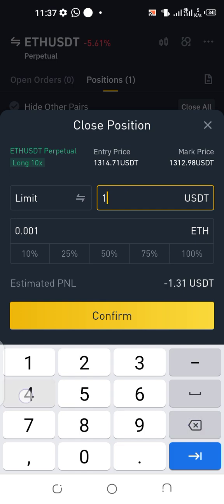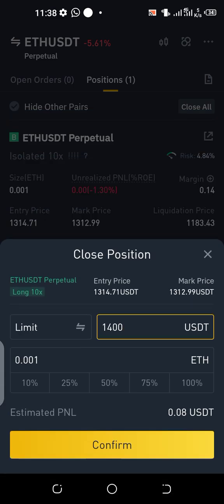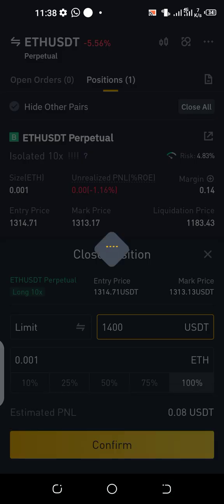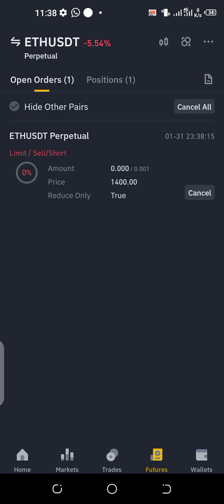Okay, I can decide to close at 1,400. I'll make a profit of 0.08 USDT on my 0.14 USDT. That's more than 50%. So I can place that order for the entire amount of Ethereum I have and click on confirm, and it will reflect here under open orders.